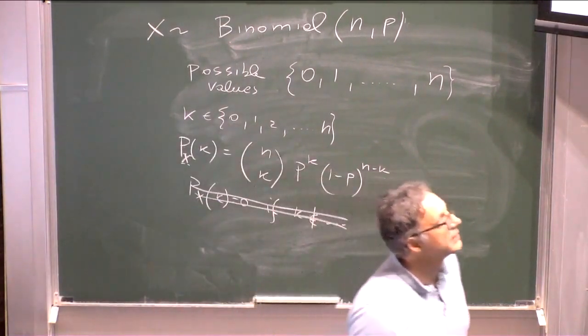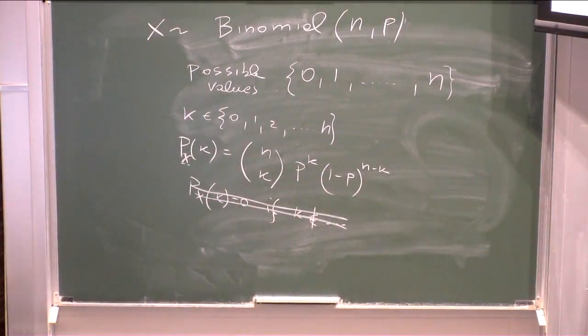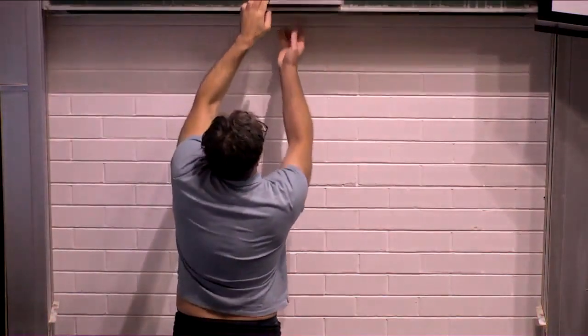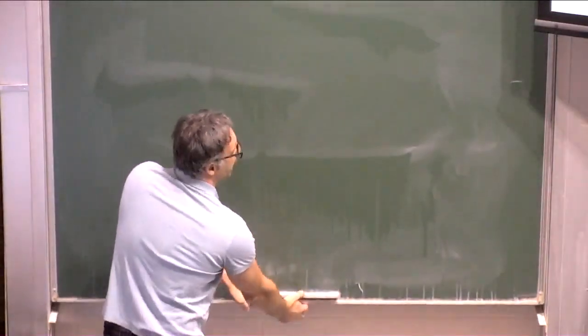Now this starts looking a bit complicated, so I need some tools from math. In order to analyze this, the tool is the binomial. I need to understand this binomial coefficient a bit more, and there is the so-called binomial theorem.